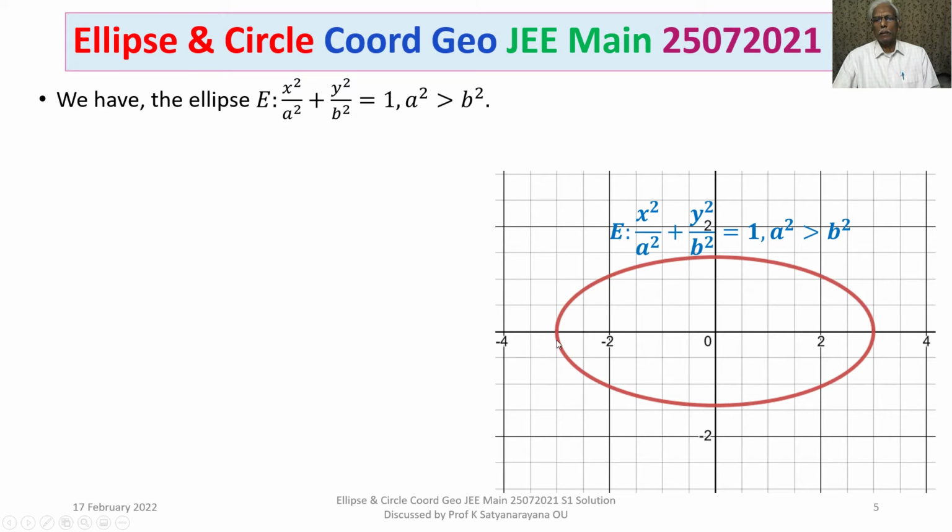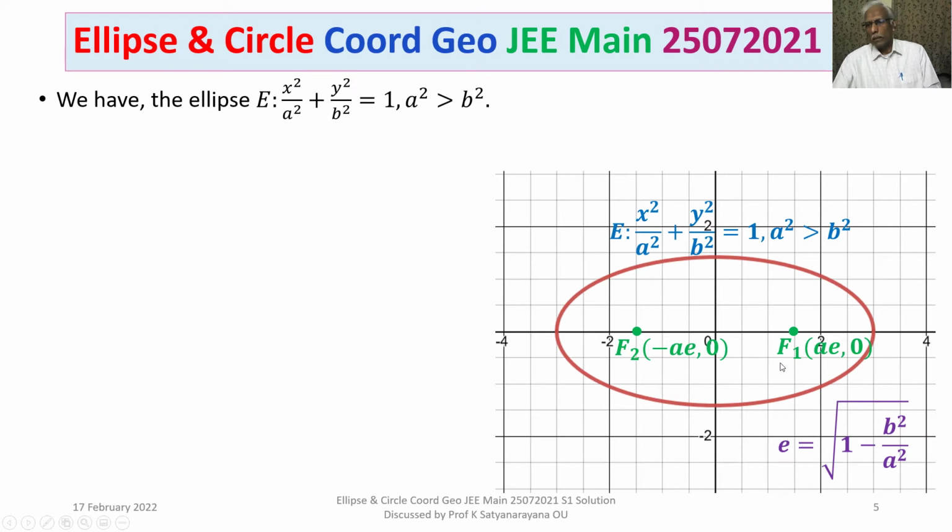So that means the semi-major axis A is greater than the semi-minor axis B. And for such an ellipse, the eccentricity is equal to under the square root of 1 minus b square by a square, and these are the two foci F1 whose coordinates are AE, 0 and F2 is minus AE, 0.